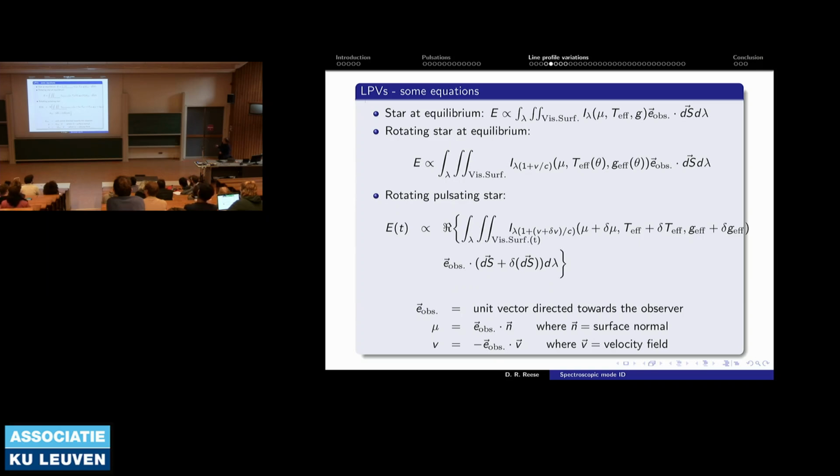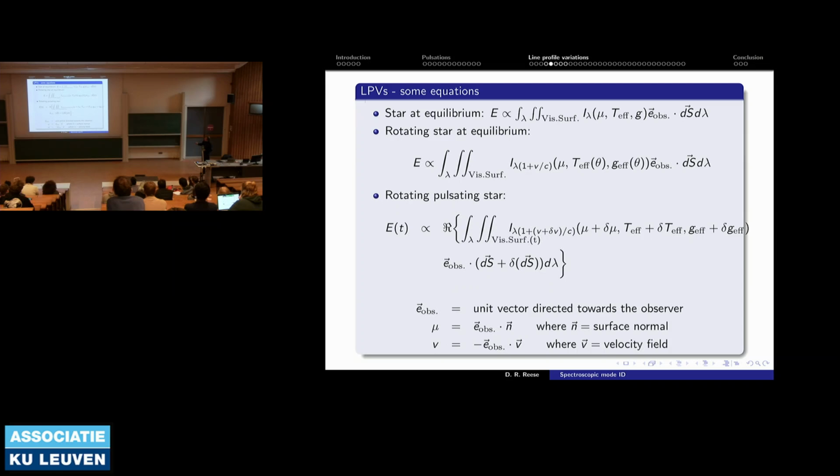When you start introducing rotation, then you're going to have a Doppler effect which intervenes and which is going to shift the wavelengths. You're also going to start playing around with the effective temperature and now the effective gravity, because they're going to depend on latitude.